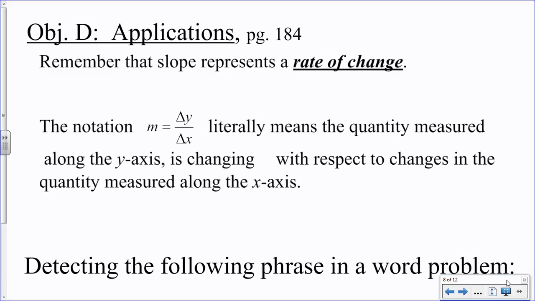So we're going to talk about slope a little bit in a word problem. So slope represents rate of change.